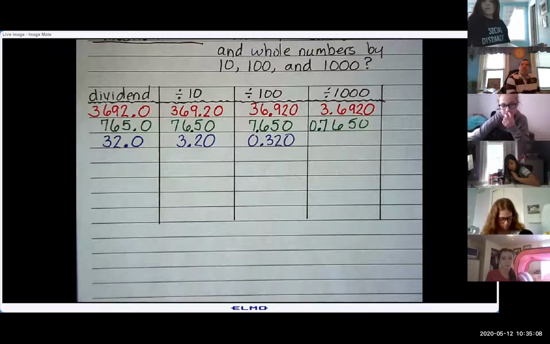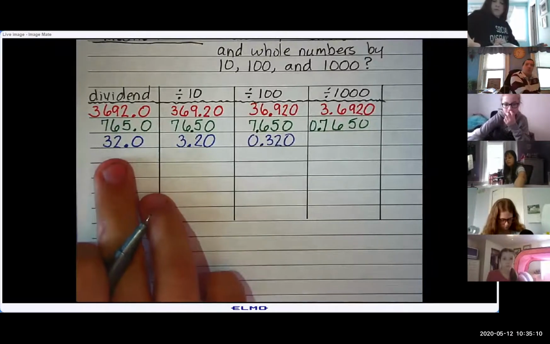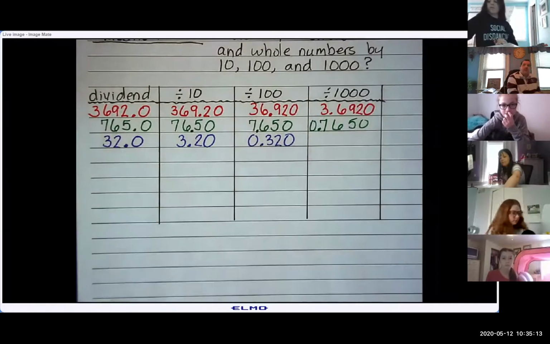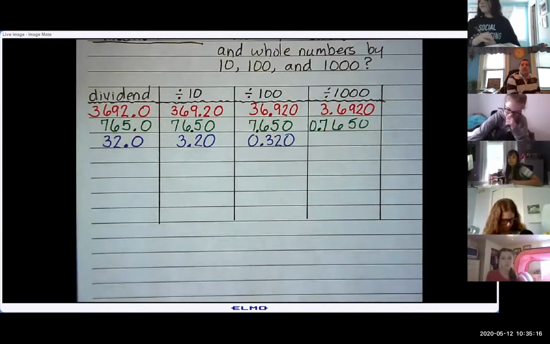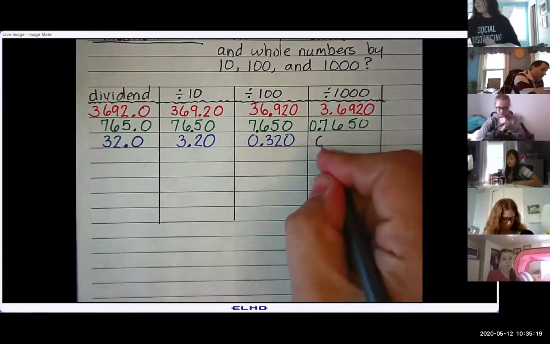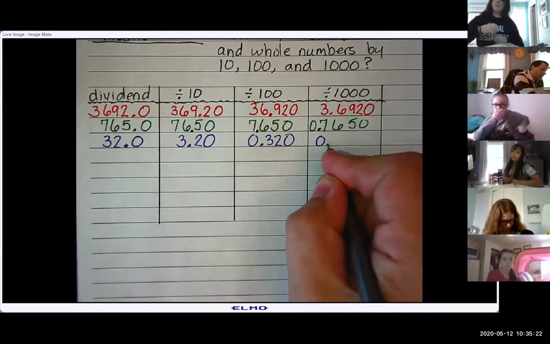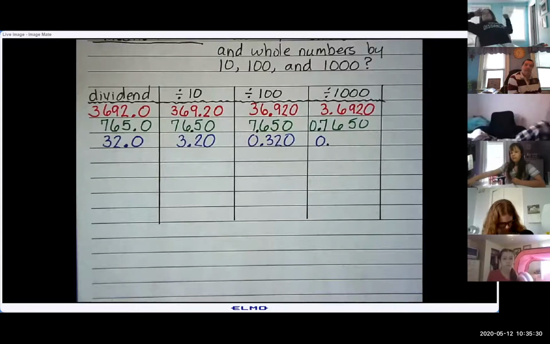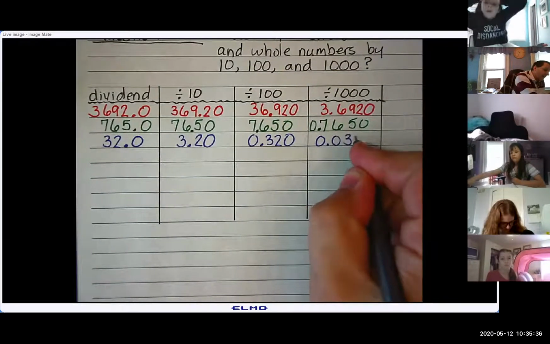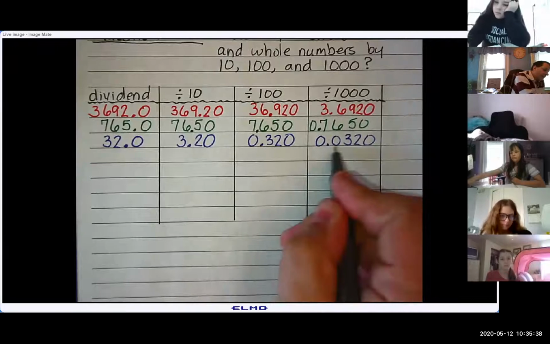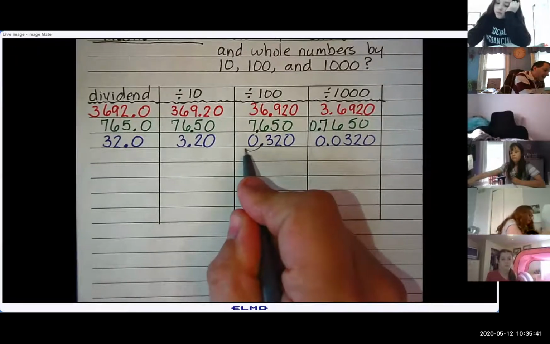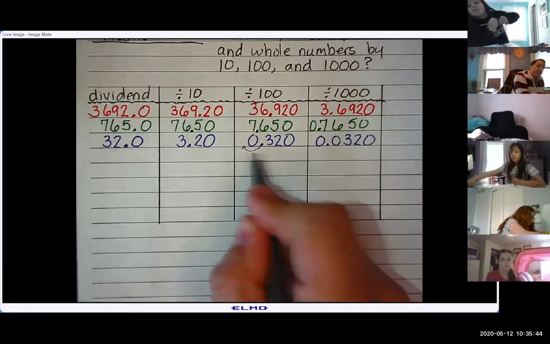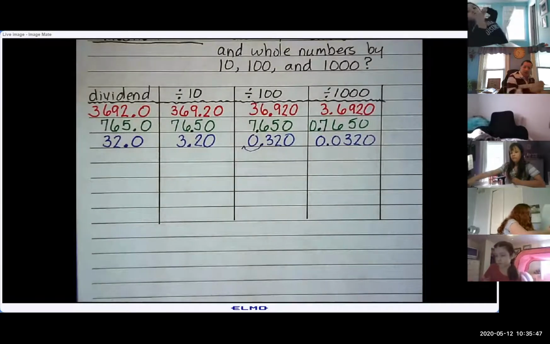Lily. 32 divided by 1,000. 0 and 320 ten thousandths. How do I write that? 0.0320. Perfect. Look what she did. See how she needed to come over? She needed this decimal to come over here. So she put in that 0 and then the decimal point. Perfect. Very good.